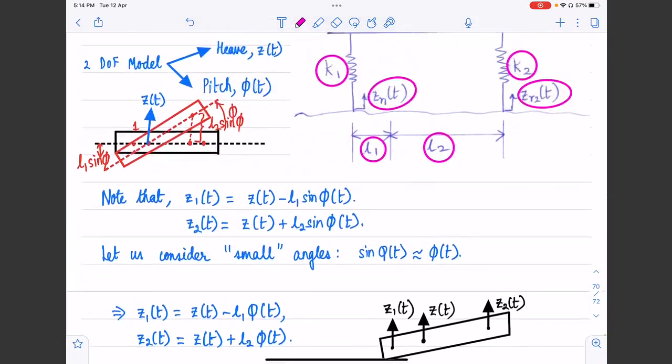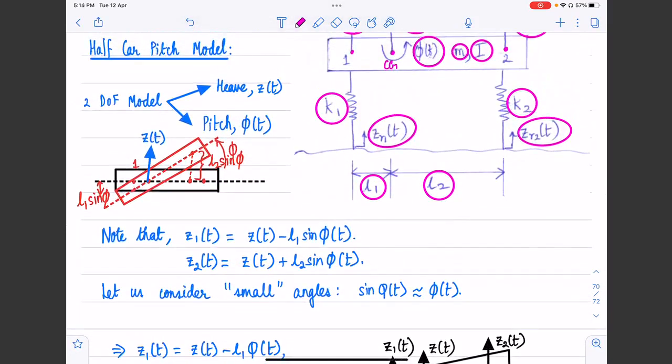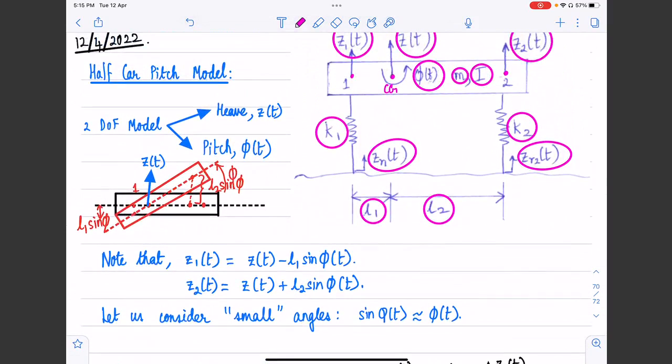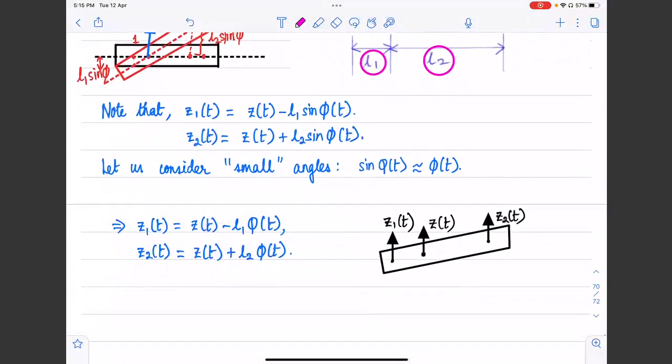So what are the forces that act on this sprung mass now? We will have the restoring forces due to the two springs. Now, if we consider the restoring force due to the spring with spring constant K1, the total restoring force will be K1 times Z1 minus ZR1, right? Why? Because the top end is going to be pushed up by Z1. The bottom end is going to be pushed up by ZR1. So the total stretch of the spring is going to be Z1 minus ZR1. So that's what we are going to have.